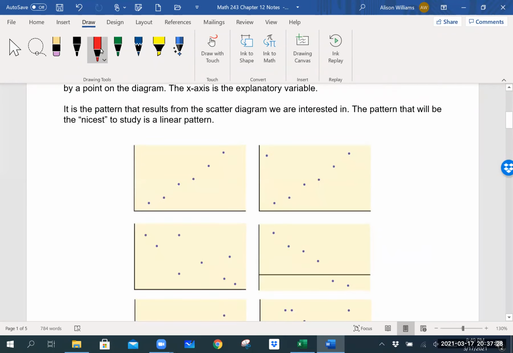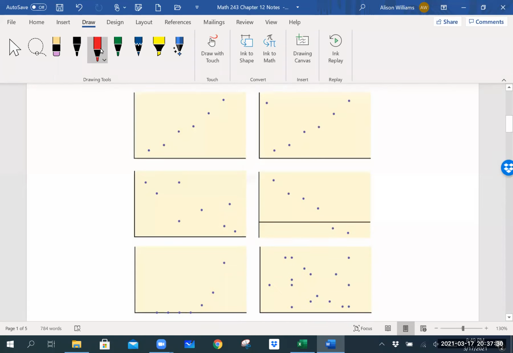So kind of looking at these 6 graphs here, let's compare and say, all right, going through this, what do we notice about the first graph? First of all, I noticed that it does have a pretty good linear pattern. I mean, they vary a little bit, but I can kind of imagine a line, right? Going right through here.